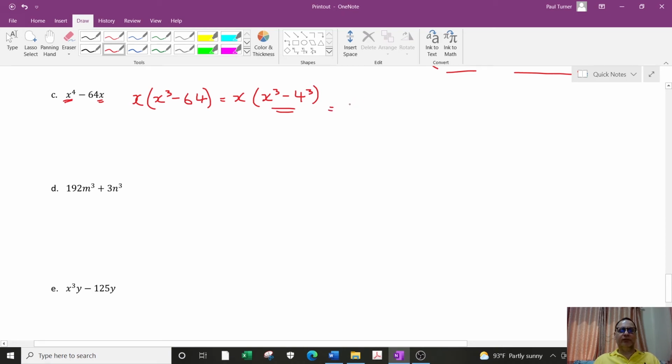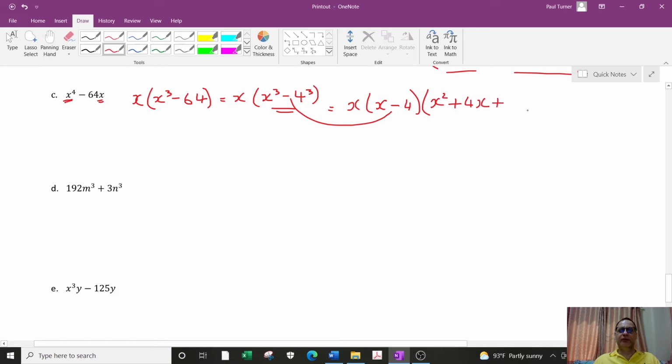So then we'll be left with x. Our first factor will be x minus 4. And then we have the same sign. Now we go to opposite sign, and x squared plus 4x plus the last term squared.